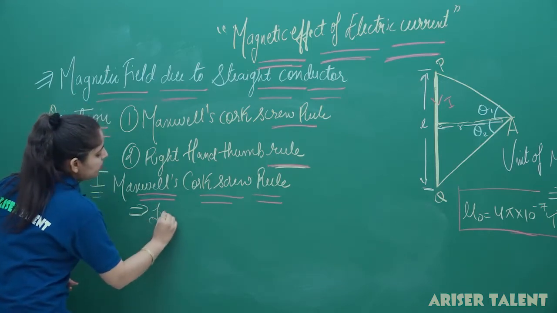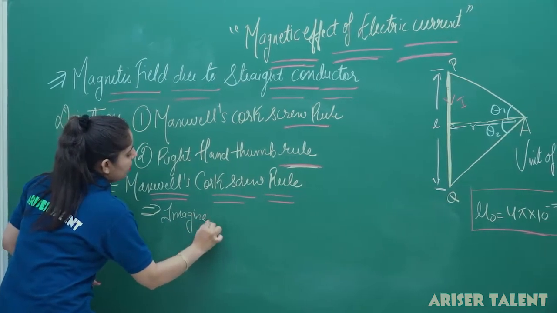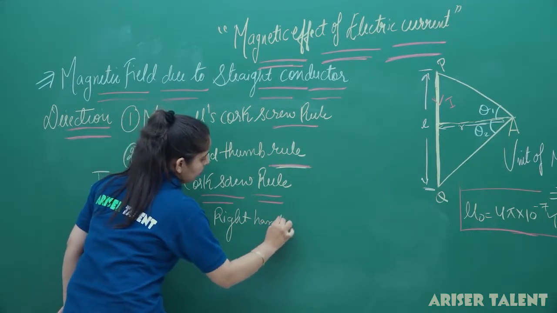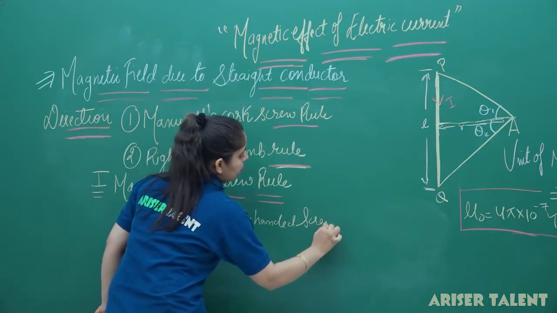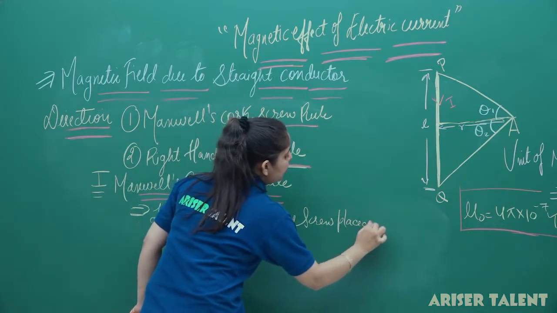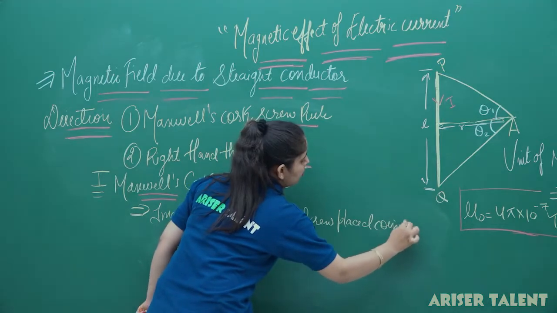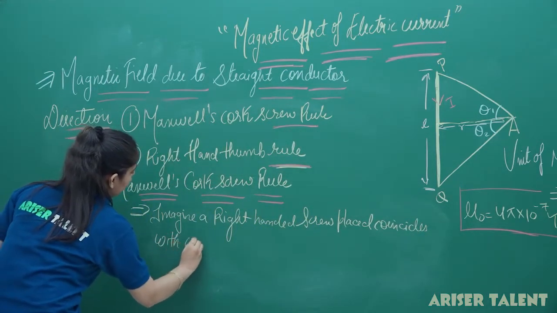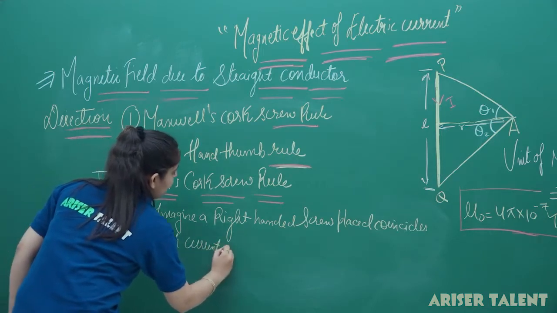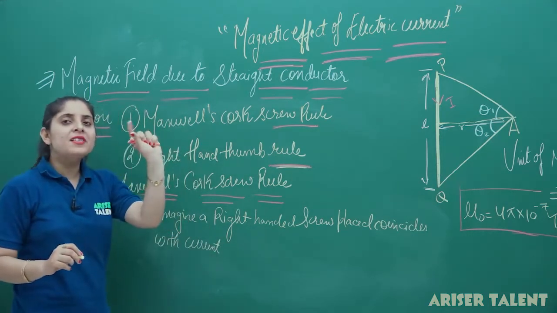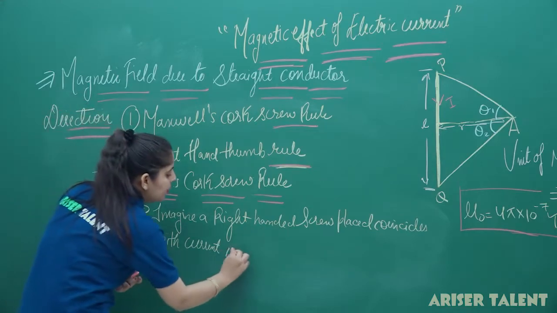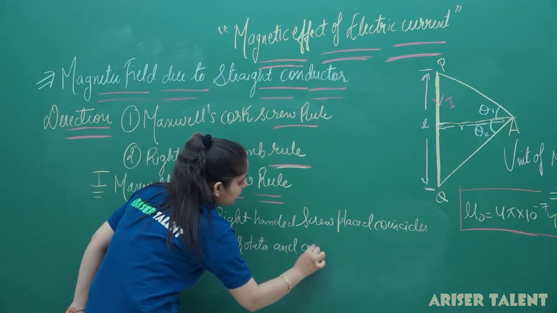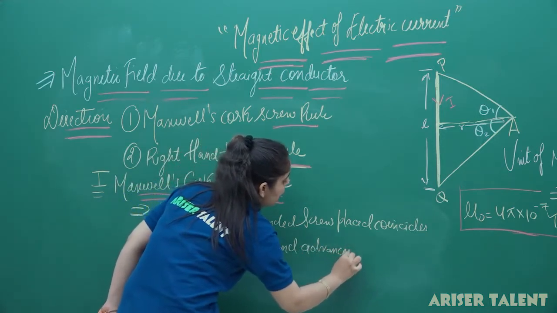You can imagine a right-handed screw placed so that it coincides with the current, such that its rotation always advances in the direction of the current.